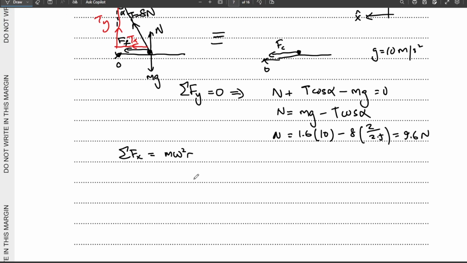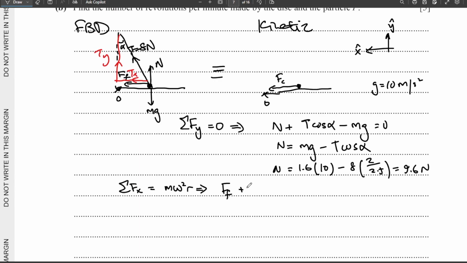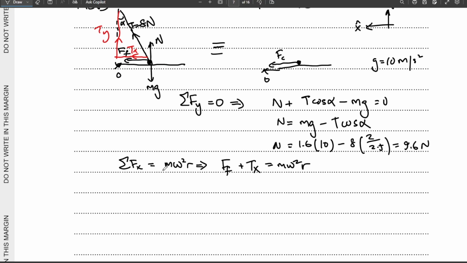The sum of forces in the x direction, let's see what we got. First we have the friction force FF going to the left. Also we have the tension component in the x direction, then equals m omega squared r. So these are the only two forces in the horizontal direction here.